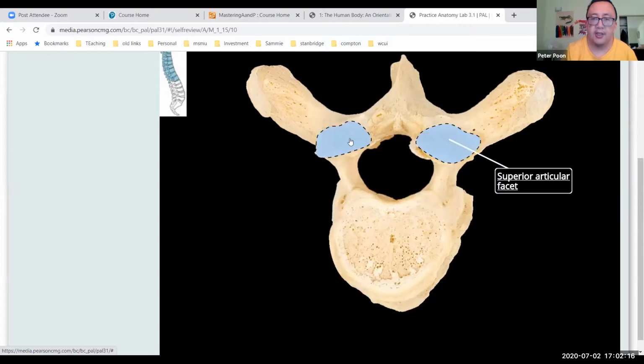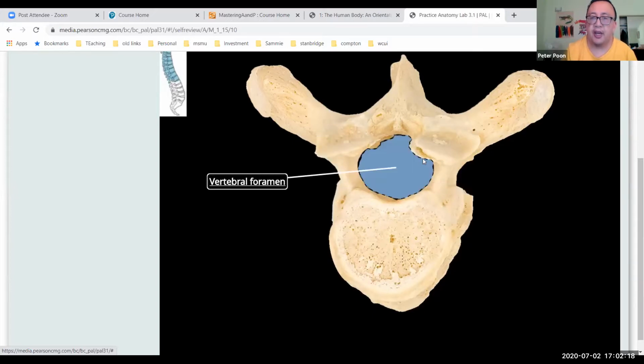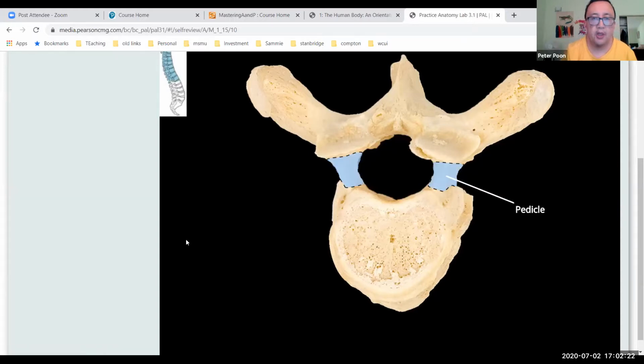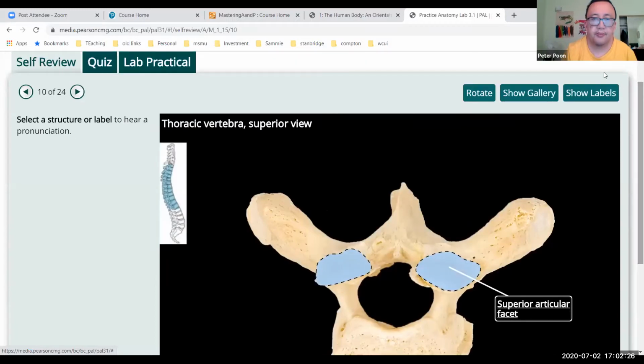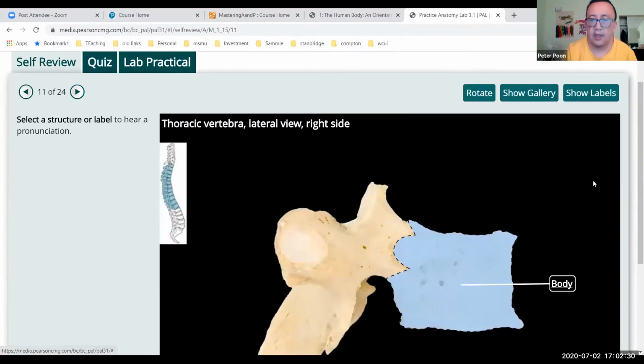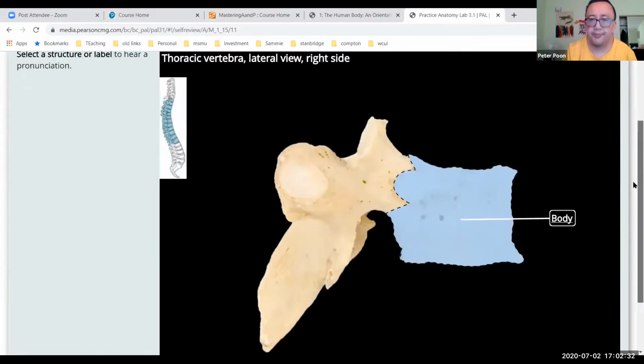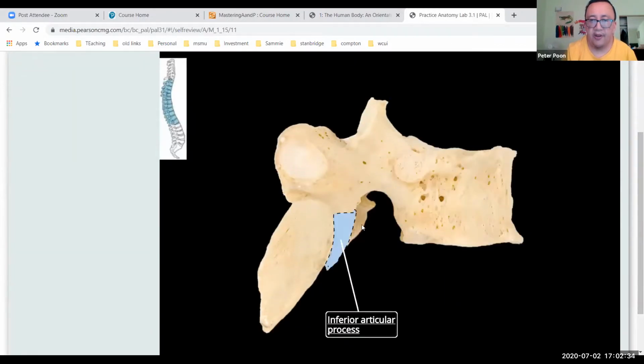This is the superior articular facets. See how it sticks up? The inferior, we'll show you in a little bit. The inferior is right here, there's one right there, and another one right there.